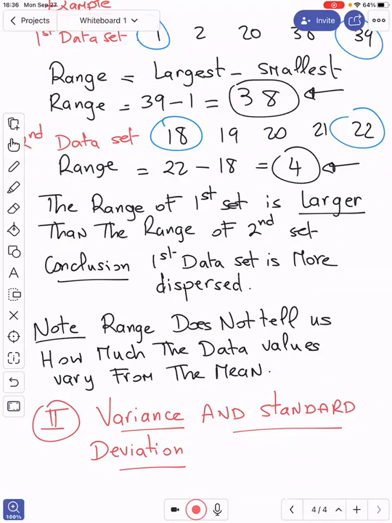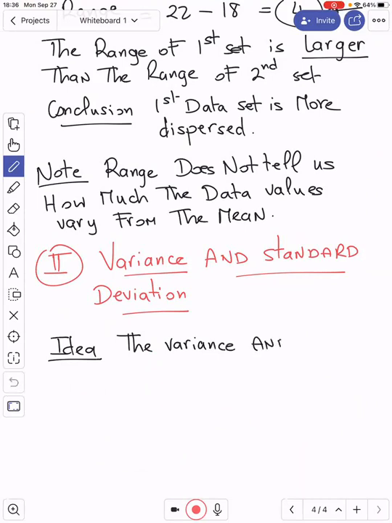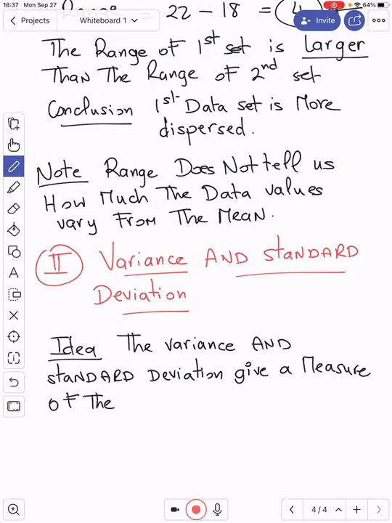So the variance and standard deviation give a measure of the deviation of the data from the mean.